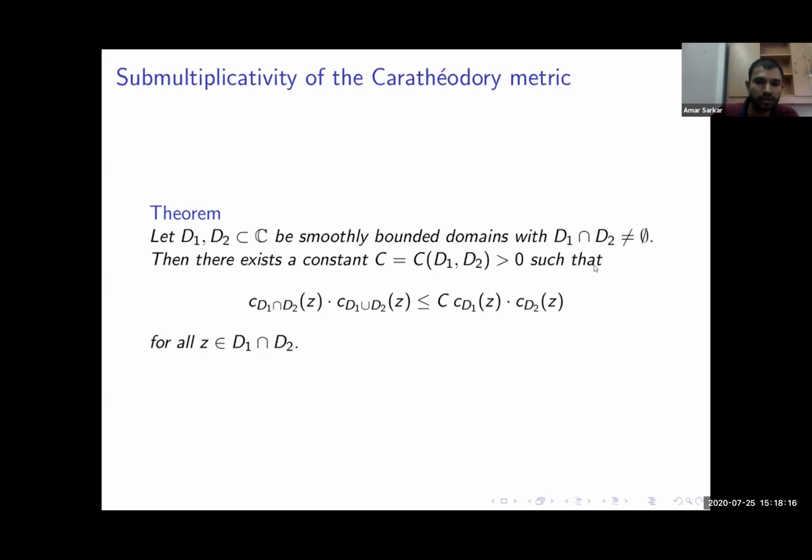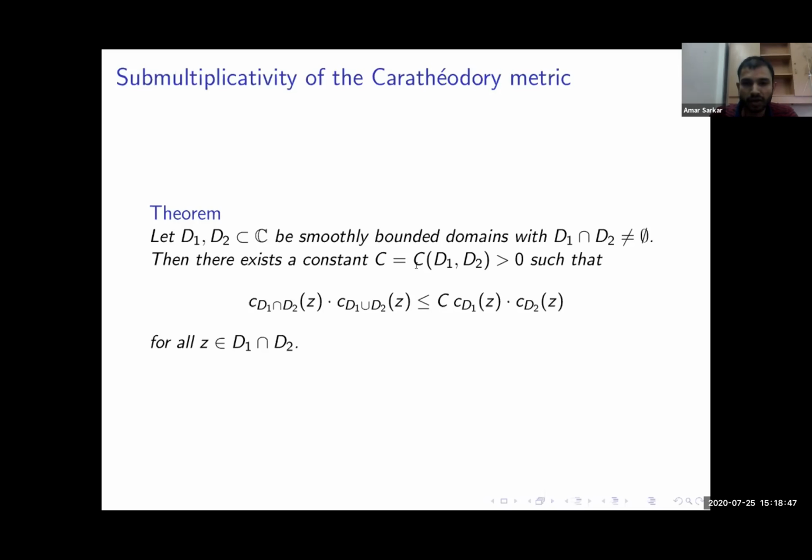It says the following: the Carathéodory metric of the intersection of these two domains, multiplied by the Carathéodory metric of the union of D1 and D2, is less than or equal to some constant times the Carathéodory metric of D1 and the Carathéodory metric of D2, for every point in the intersection D1 intersect D2.